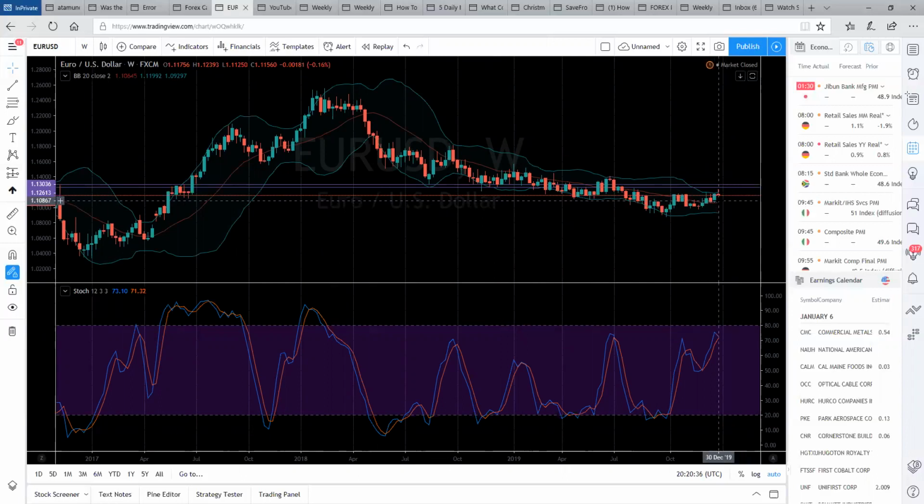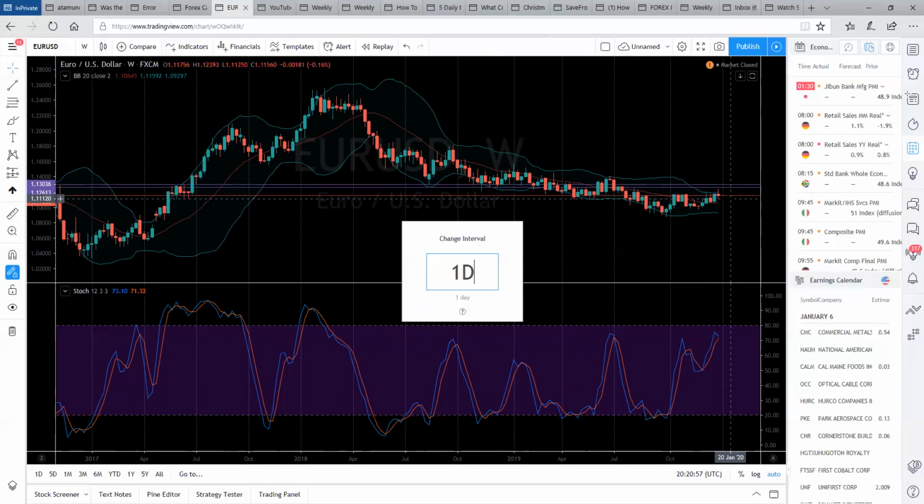We have a doji, or like a spinning top here. We've tried to retest this high, and the body of this candle is rather small, telling us momentum to the upside has diminished. So most likely we're looking towards a sell.